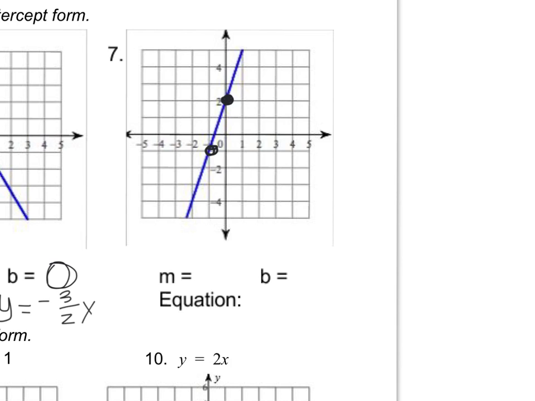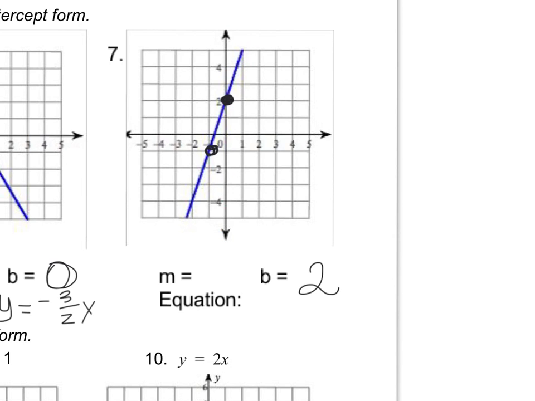This is a good question as well. Let's find our y-intercept. This one is nicely marked for you. Your y-intercept is 2. Is your slope negative or positive?